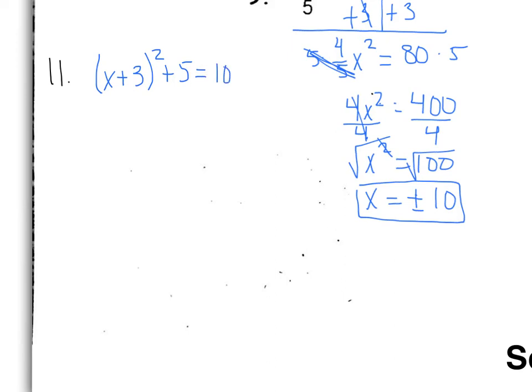Okay, so in this case, here's your problem. My squared is this entire thing. So instead of getting the x by itself, I need to get this thing by itself, because this is what's being squared, this entire thing. So I am going to still subtract the 5 over, giving us x plus 3 squared equaling 5.